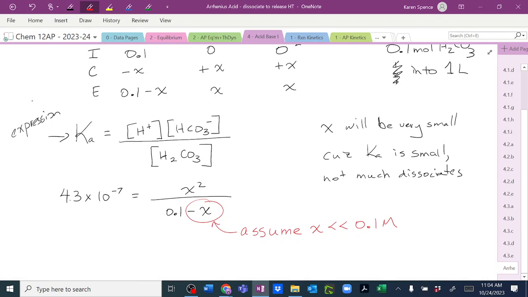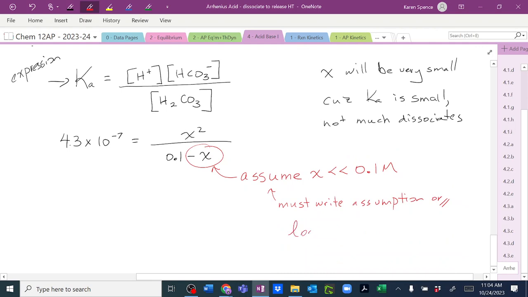If you do not write that assumption, then you will lose half a mark. But that's going to make our life nice and easy, because now we can write 4.3 times 10 to the negative 7 is equal to x squared over 0.1.